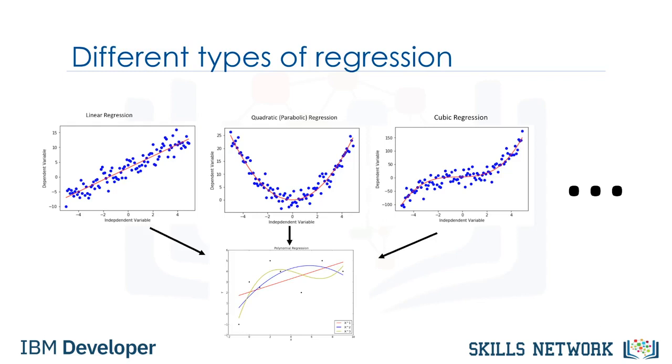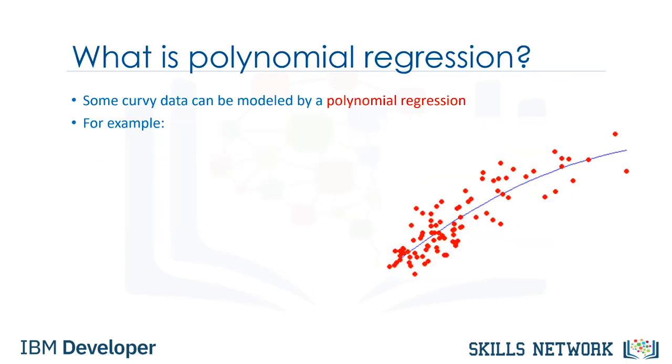In essence, we can call all of these polynomial regression, where the relationship between the independent variable x and the dependent variable y is modeled as an nth degree polynomial in x. With many types of regression to choose from, there's a good chance that one will fit your data set well. Remember, it's important to pick a regression that fits the data the best.